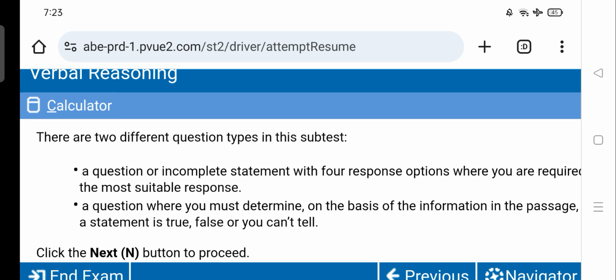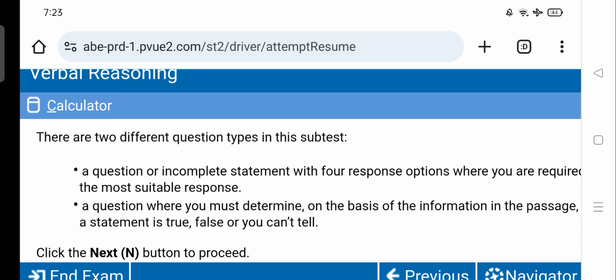So it means 2 types of questions will be included in this section. Some of the questions are complete questions or incomplete statements, and you have to decide on the correct option from the 4 options given below. If there is an incomplete statement, the remaining part of that statement will be given in the form of options, and you have to choose the option that completes the statement.